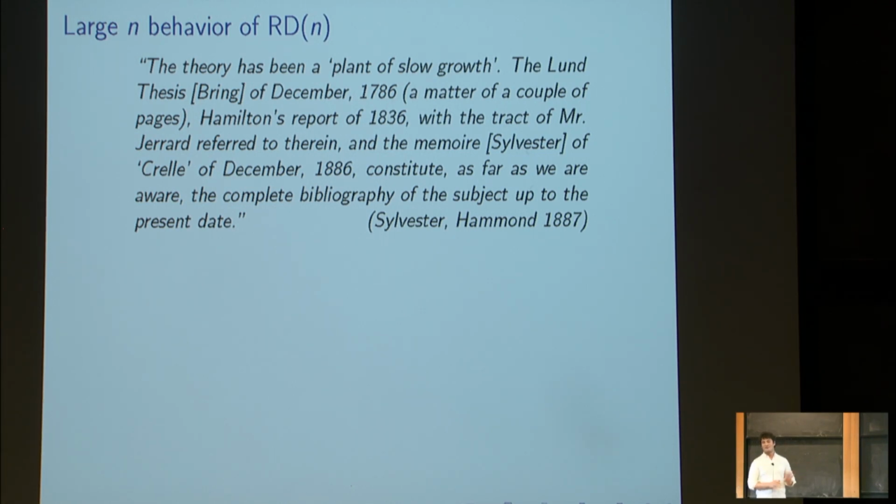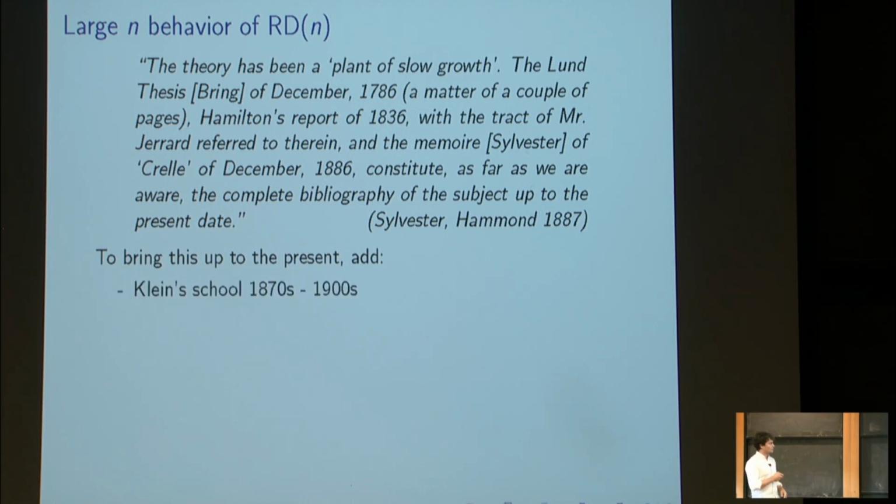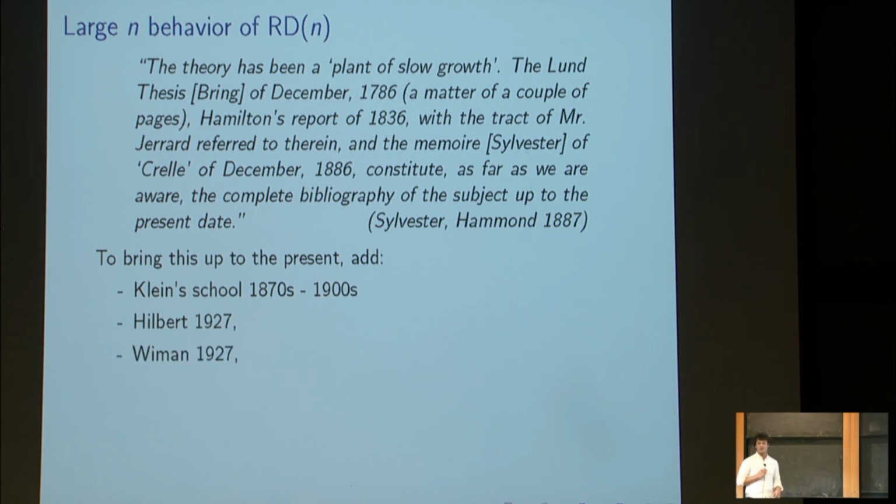They're not in contact with Klein. But you can say, OK, let's try to add to this and say what gets us up to the present. And you've got Klein and his school. There's a lot of work, quite rich in there. Hilbert's paper in 1927. Wiman has a paper in the same year. And then Segre works on this in the late 40s and 50s.